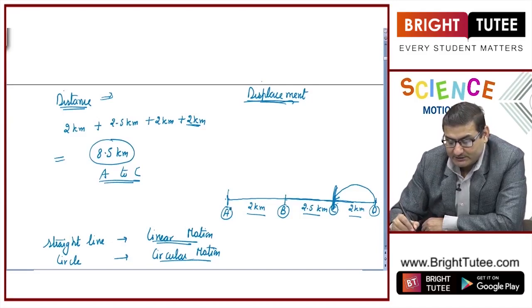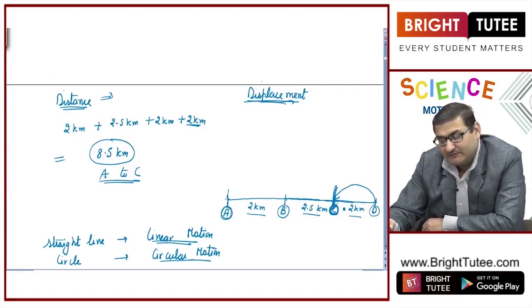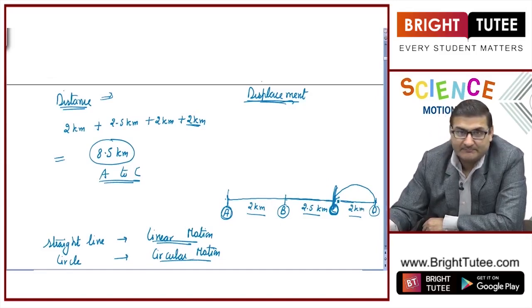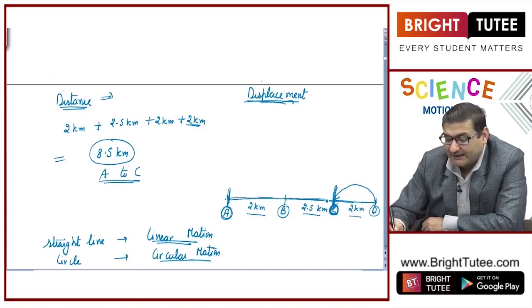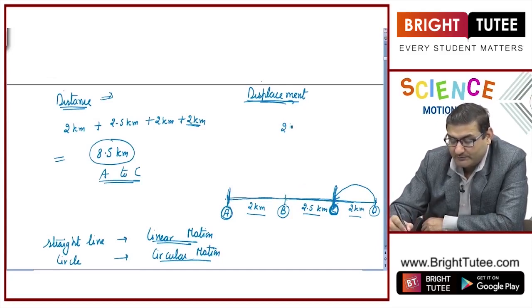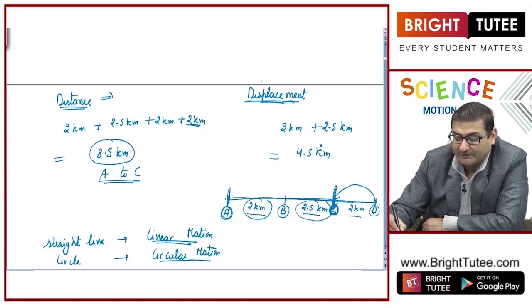The initial position was A and the final position was C, regardless of whether I have come back to C from D, the final position is C. So the displacement will be the shortest distance between A and C, which comes out to be 2 kilometers plus 2.5 kilometers, just 4.5 kilometers.